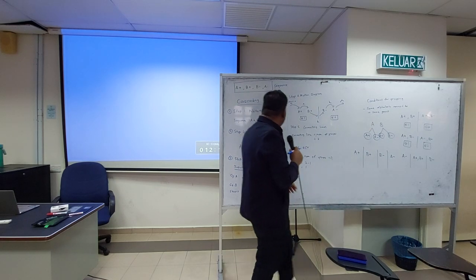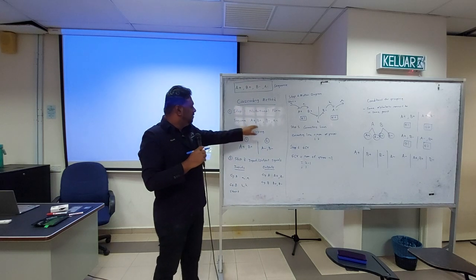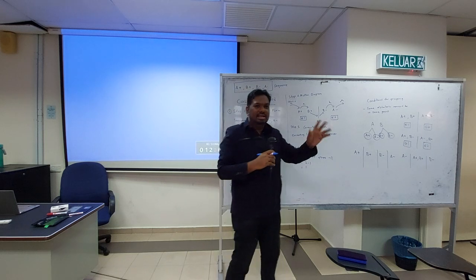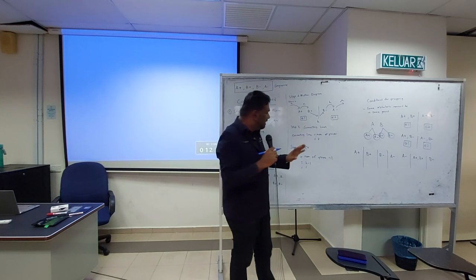That's why I say it is better, if possible, to follow the sequence. Split the groups according to the sequence so that you don't need to change so many times.